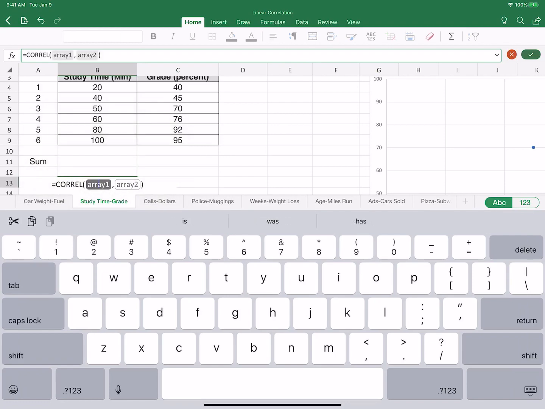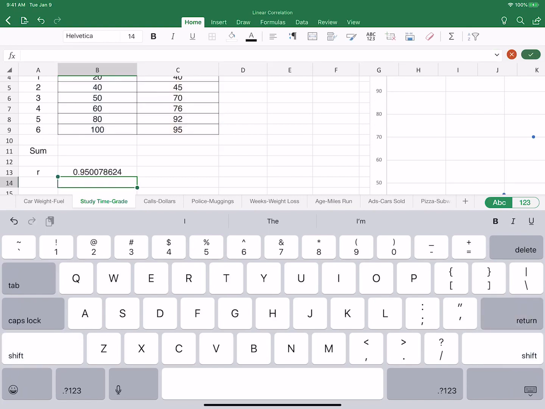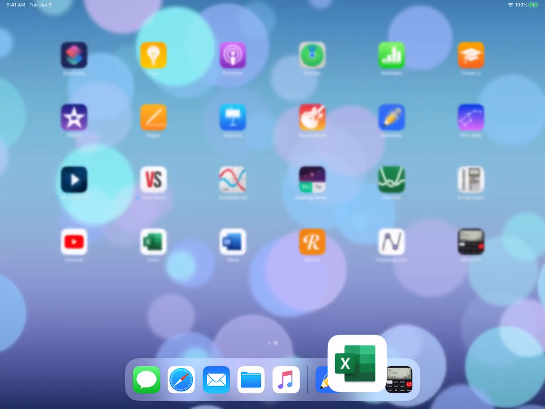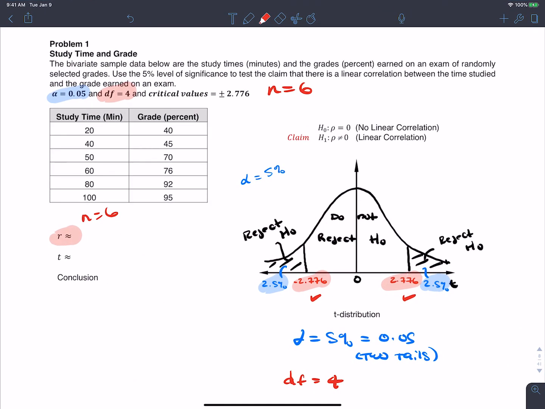And then I need the first array, this is the x values, and this is my y values, the second array. What's this value? What's that approximately? Anybody want to read that off to me? That's about 0.950. So I already know this value, 0.950 for my r value.